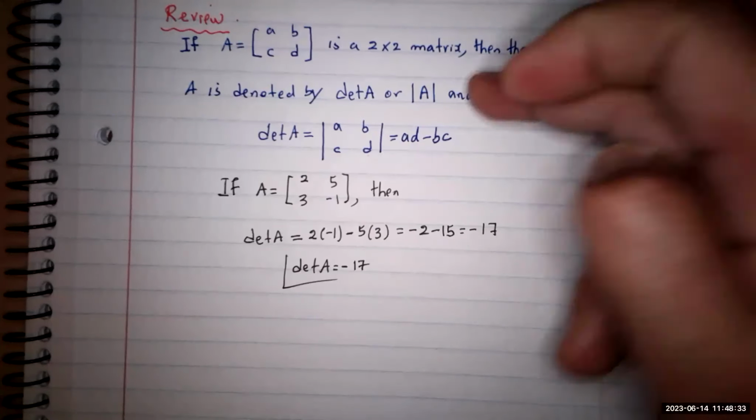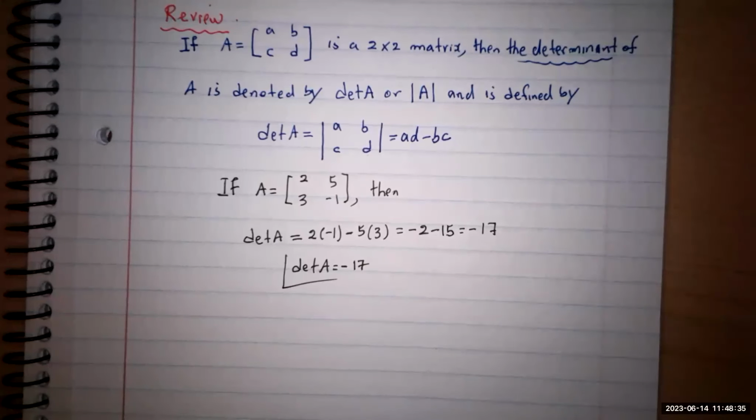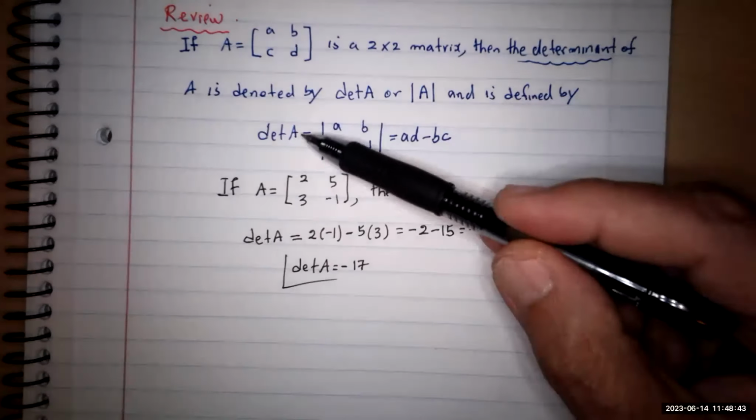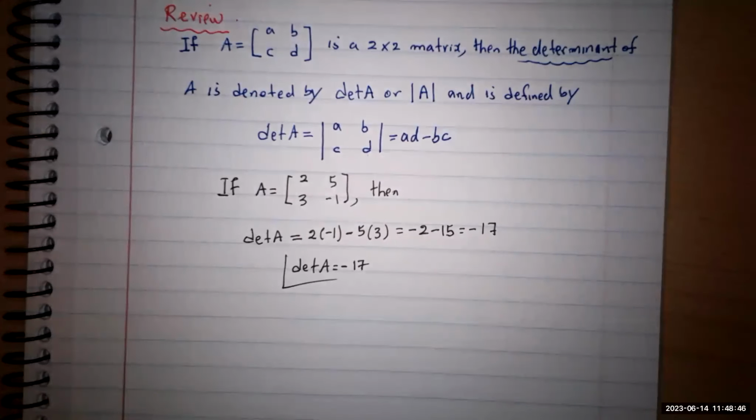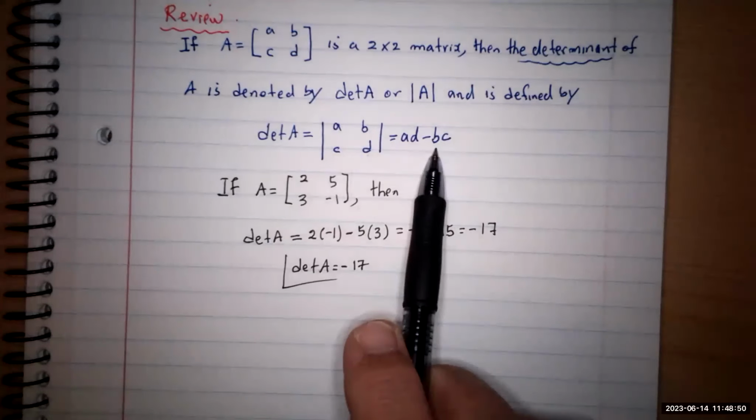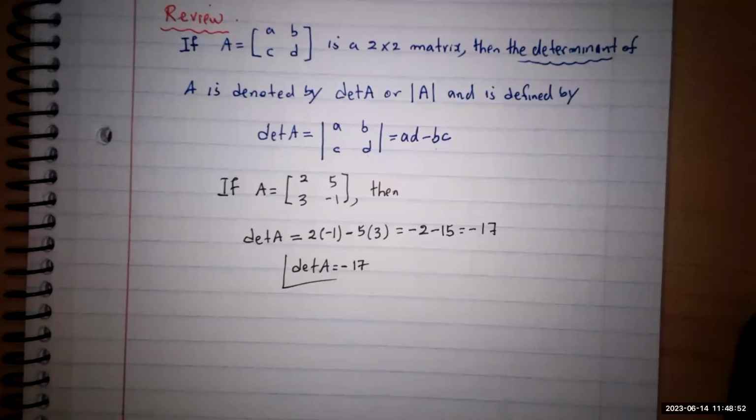The determinant is just this, the one that I'm explaining here. And the determinant is a function. If a matrix A is given to you, the determinant of A is a function defined by this formula. That's for the 2 by 2 matrix. Then you can define it for the 3 by 3 and so on. That's the notion of the determinant. Any question?